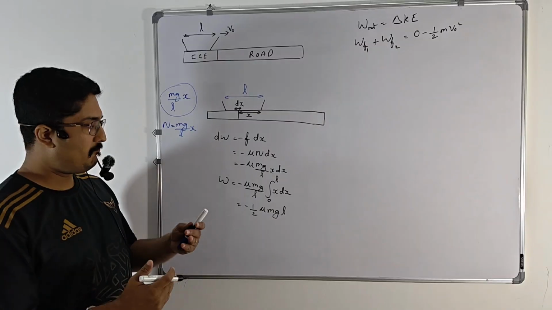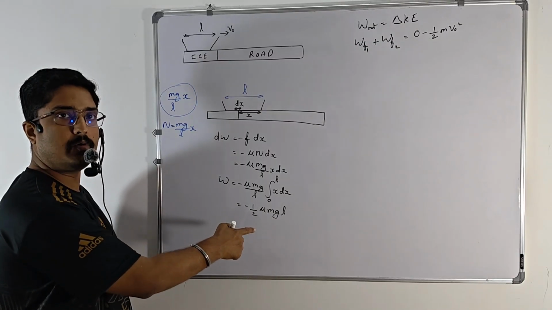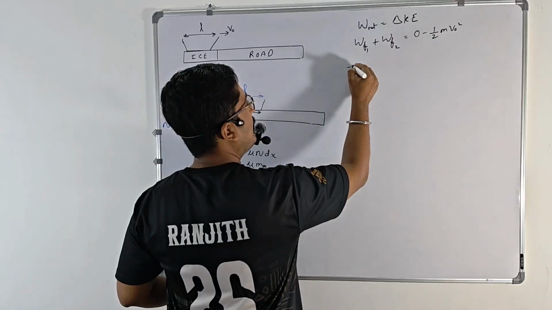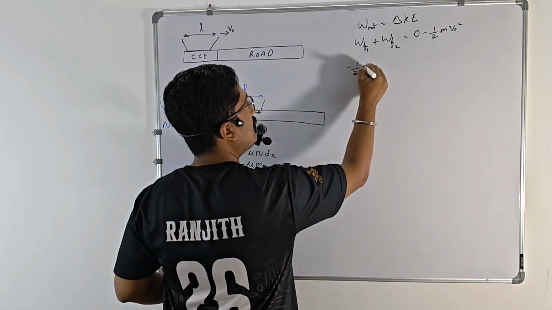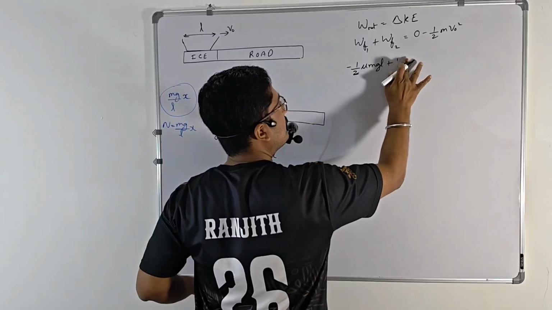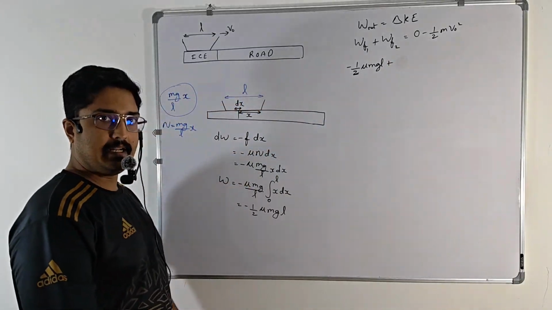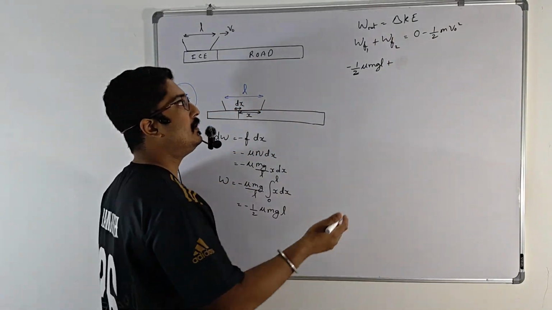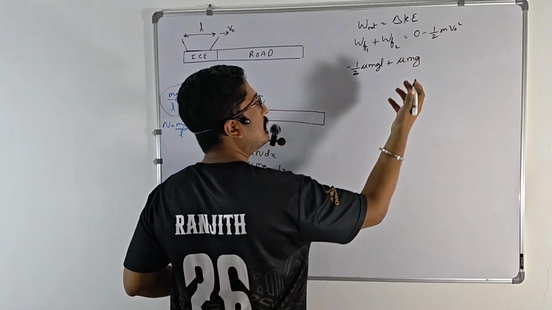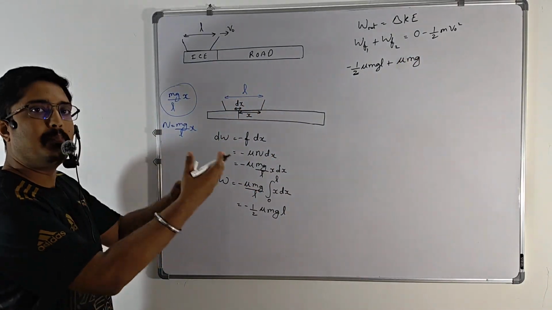Now work done by the friction while entering, just now only we found out, this is what will be the first work done, right? So I can call it as minus of half mu mgl plus work done by the friction once it has entered. Once it has completely entered, we can write the friction force as mu into mg completely, because the body has completely entered.